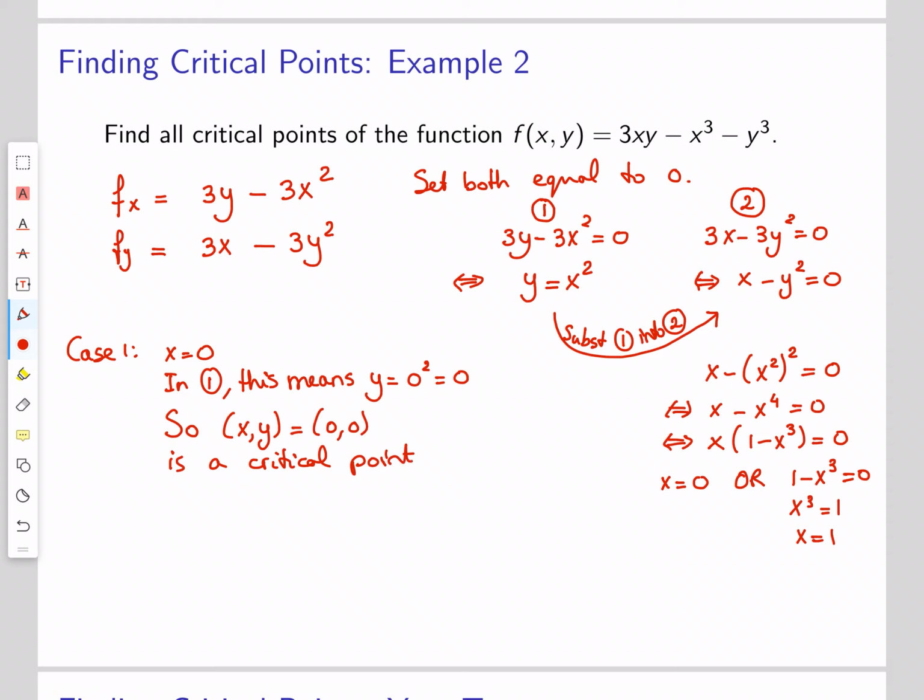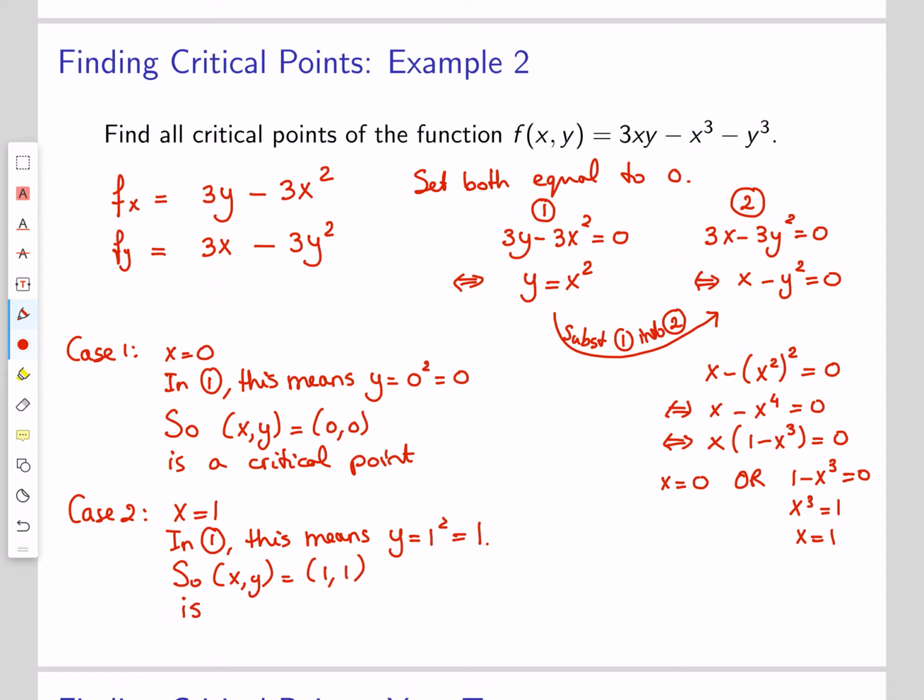All right, and then I have a second case, case 2, where x is equal to 1. Let's substitute that back into the first equation. In the first equation, this means that y is equal to 1 squared, which is equal to 1. So the two equations are simultaneously satisfied if both x and y are equal to 1.